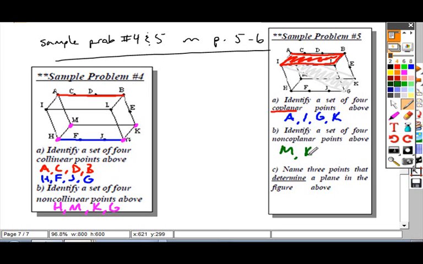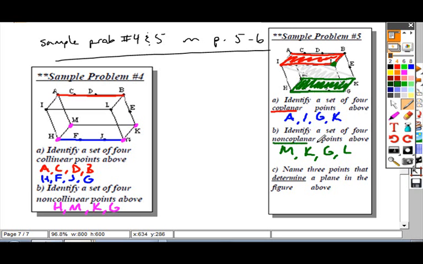Okay, so M, K, G, and L. Anytime you're looking to test these, so if we say M, K, and G, M, K, and G determine this bottom plane. And the question is, does L lie on that plane or off? The fact that it lies off gives us the non-coplanar set. Okay, so very good. Again, there are other possibilities besides these answers for A and B. These are just an example of each one.